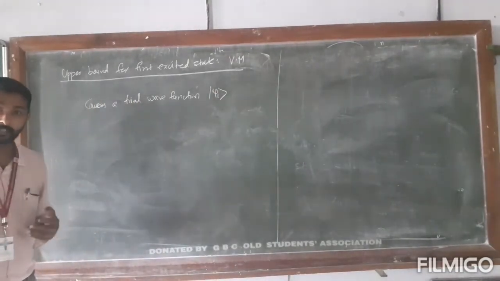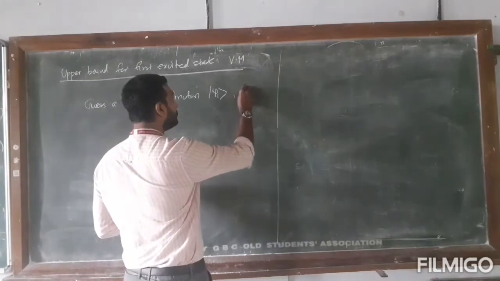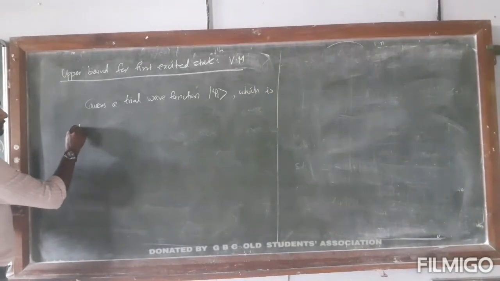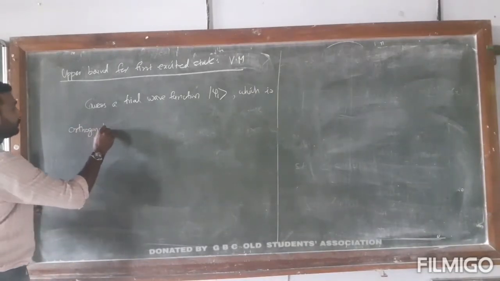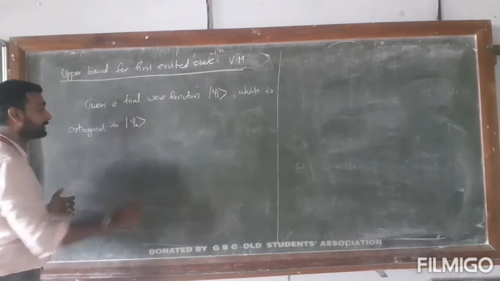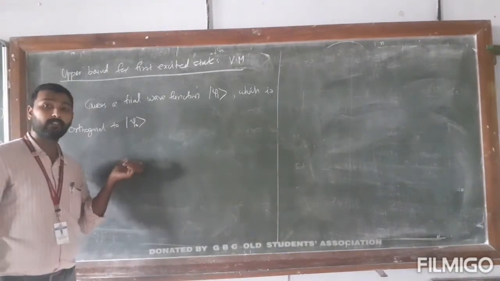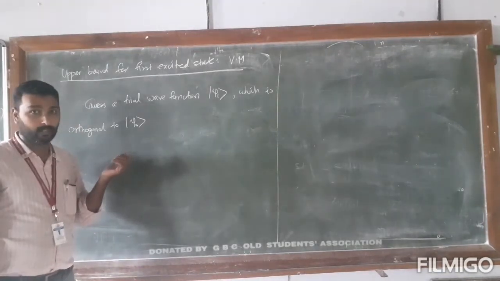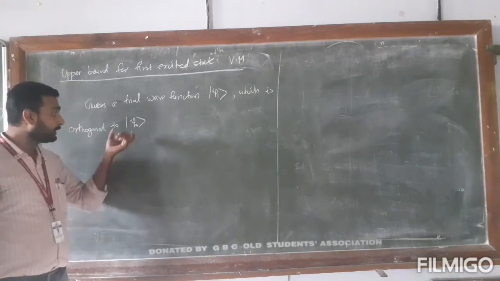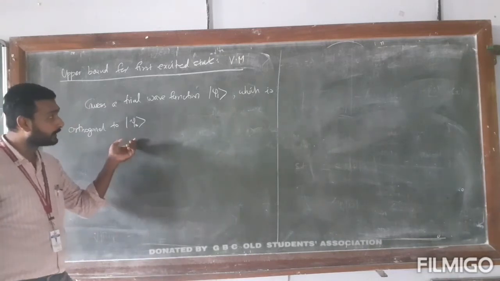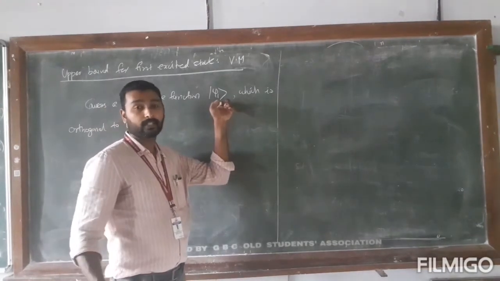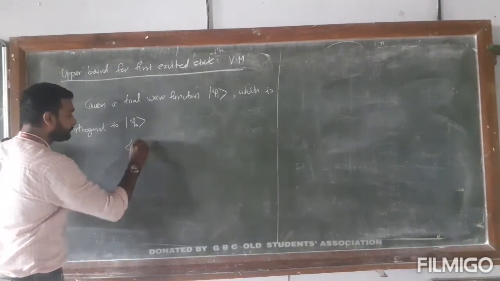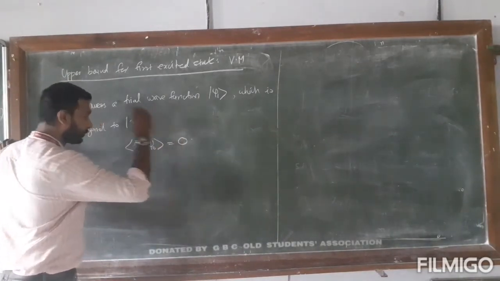Consider a trial wave function psi 1 which is orthogonal to psi 0. Remember psi 0 is the trial wave function that we used to find the upper bound for the ground state energy. Thereafter we can assume another trial wave function psi 1, which is orthogonal to psi 0. So that is, the overlap of psi 1 and psi 0 must be 0.